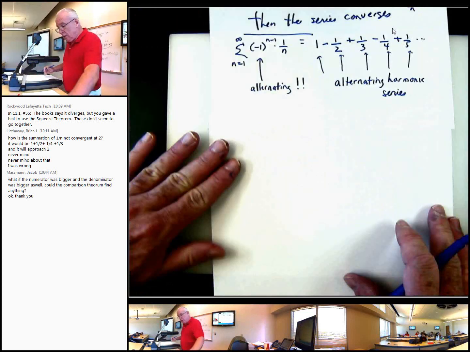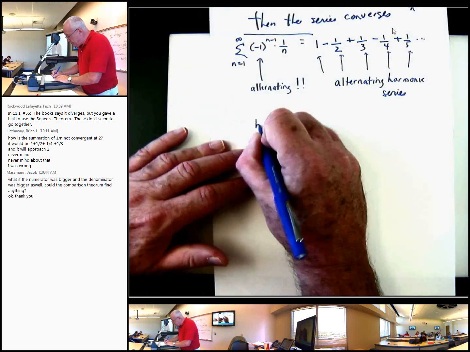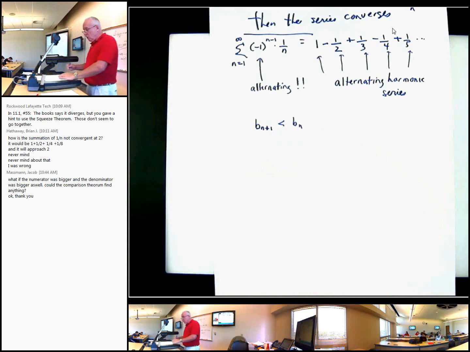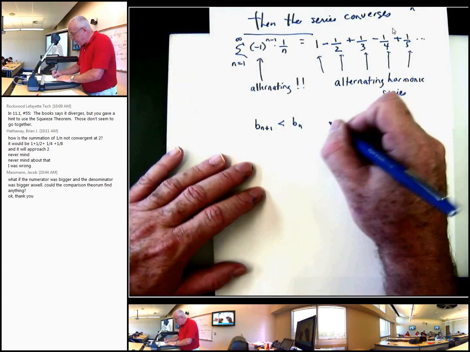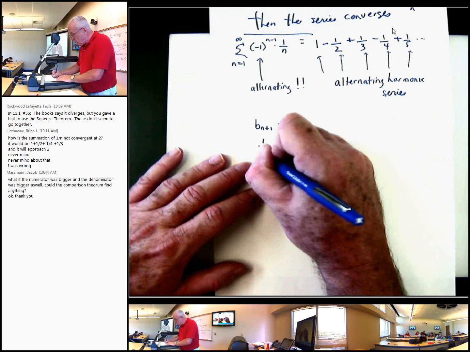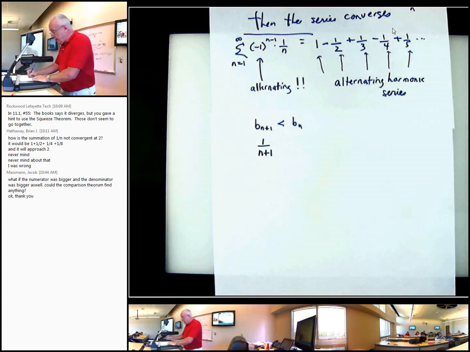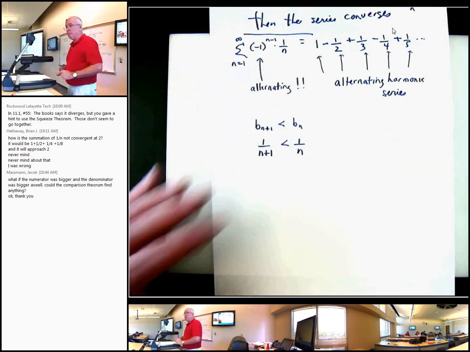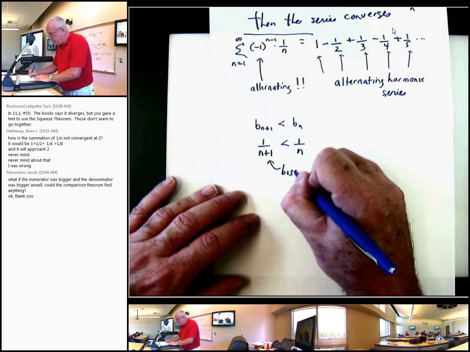Okay. So first of all, we have to see, is b sub n plus 1 less than the preceding term? Well, yes, it is, because we have our b sub n plus 1 is 1 over n plus 1. It's strictly the positive part of it, and that is certainly less than 1 over n, because this is a bigger denominator.